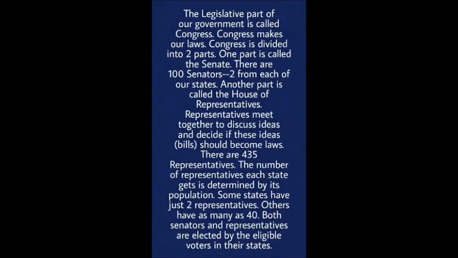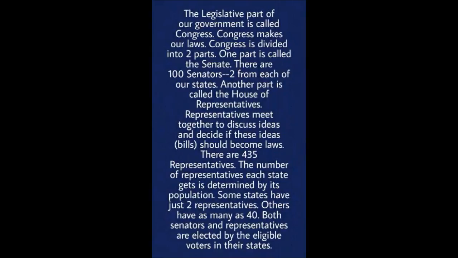The legislative part of our government is called Congress. Congress makes our laws. Congress is divided into 2 parts. One part is called the Senate. There are 100 senators, 2 from each of our states. Another part is called the House of Representatives.